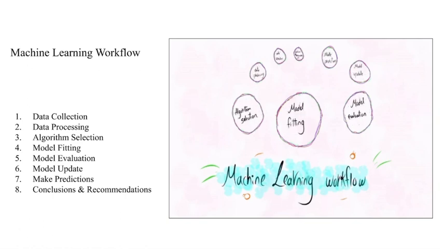Third, algorithm selection. You need to make sure that you understand the assignment correctly, whether you want to build a classification model, regression model, or any other model. Fourth, model fitting. What I mean by that, you have 2 to 3 categories: training subset, testing subset, and validation subset.